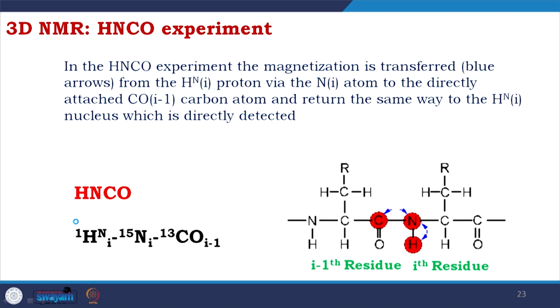You will see here, this is the i minus 1th residue of the protein and this is the ith residue of the protein. They vary with the R's. Okay.